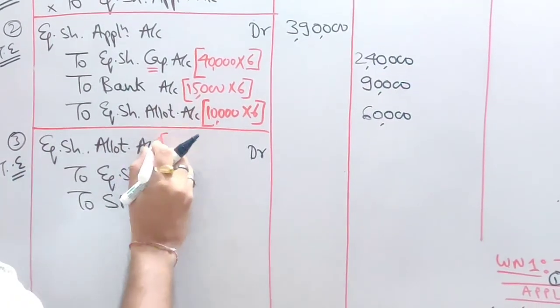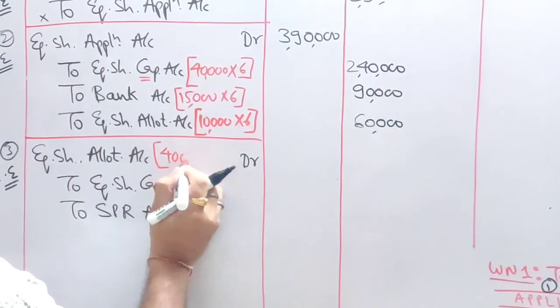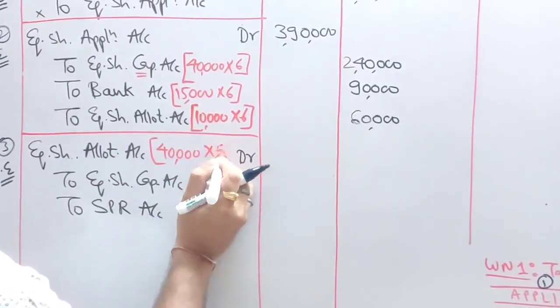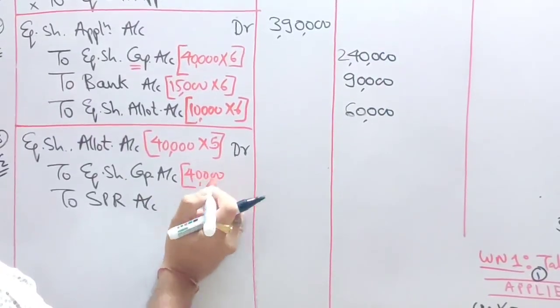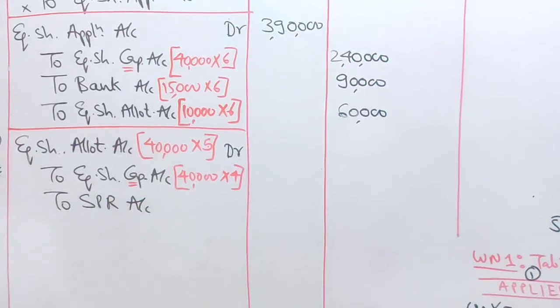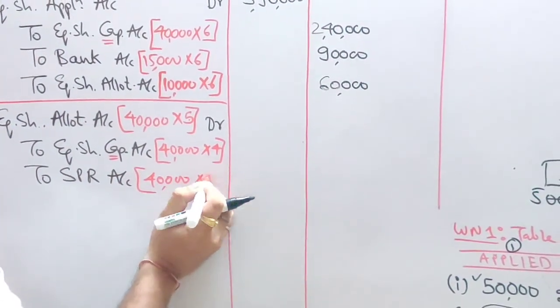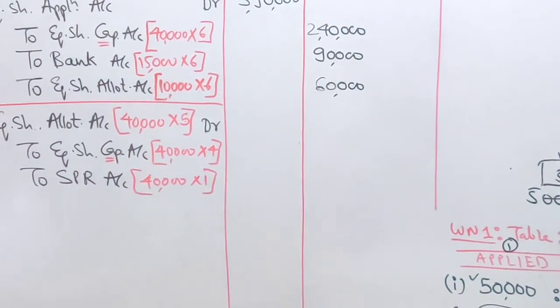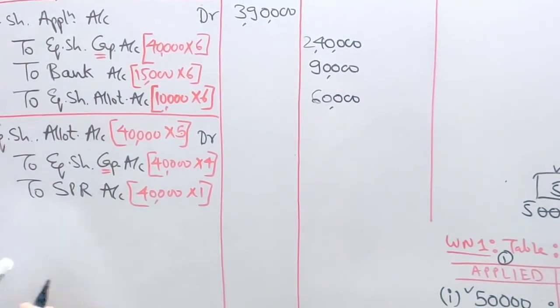So write in brackets the total number of shares allotted, 40,000, into 5. Out of this 5 rupees, share money is 4 and premium money you will put in the SPR account. So your premium money is 1 rupee that you will put in the SPR account.